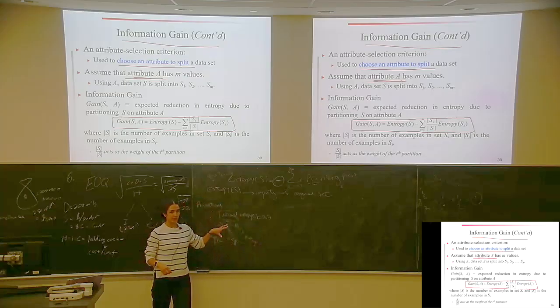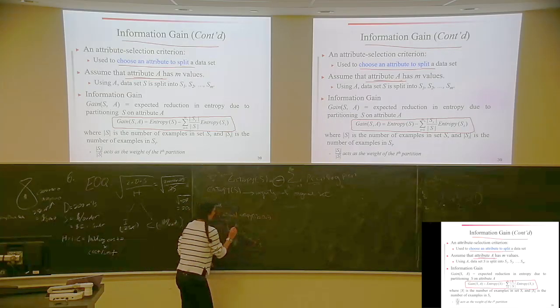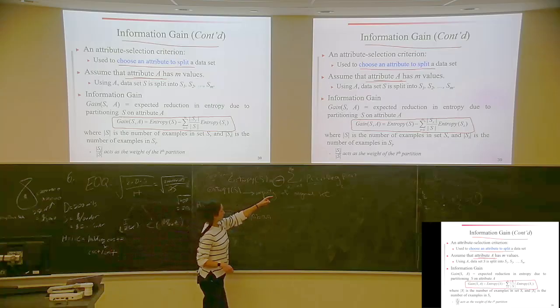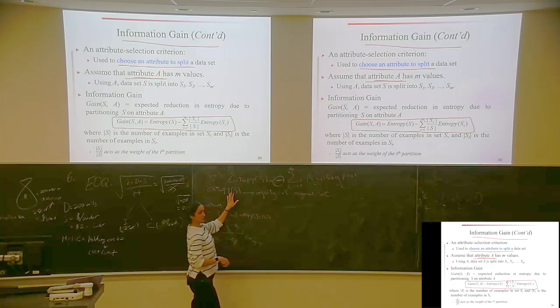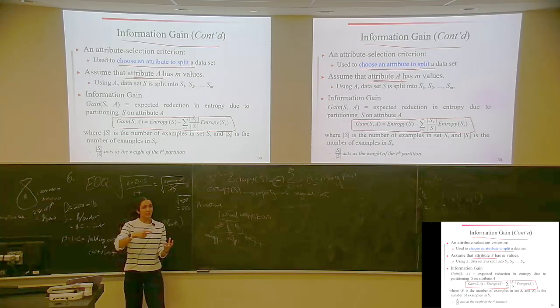And then you sum them, because you want to see how much impurity this one causes. And then you deduct it from the entropy of S, the impurity of the original set, to find out what the reduction in impurity was.